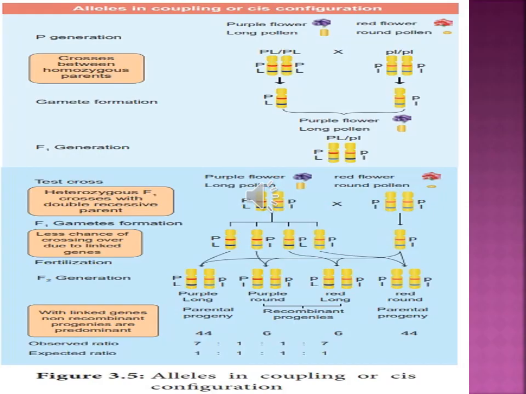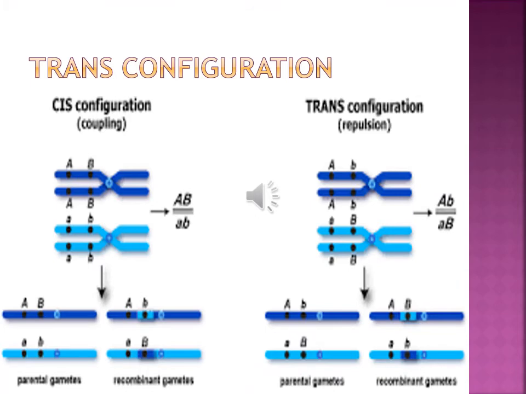Look at this picture. Alleles in coupling or cis configuration. Here, how would genes transfer from one place to another place? Look at this picture. Here, one type of characteristic gene transfers from that place.